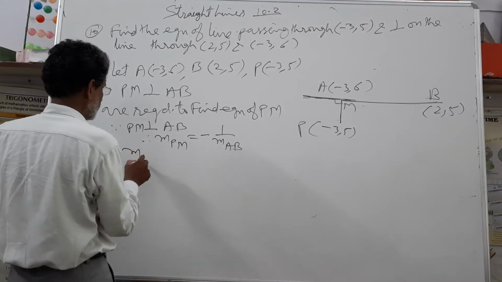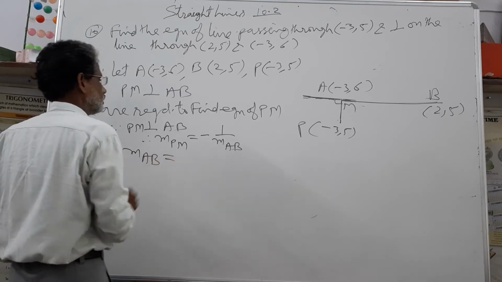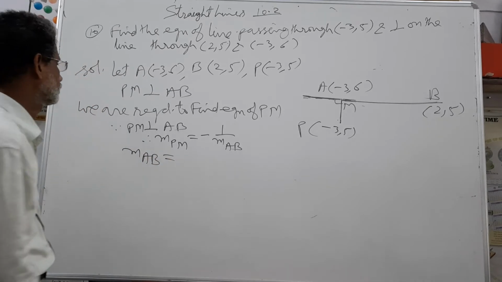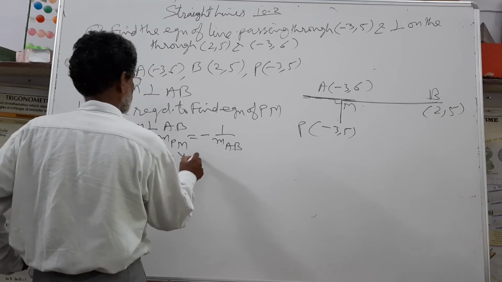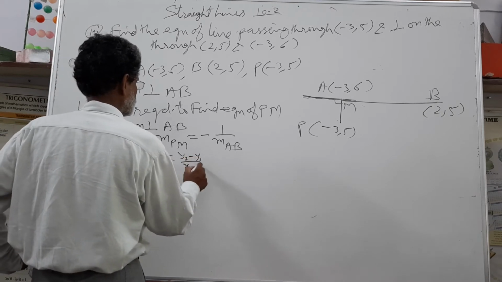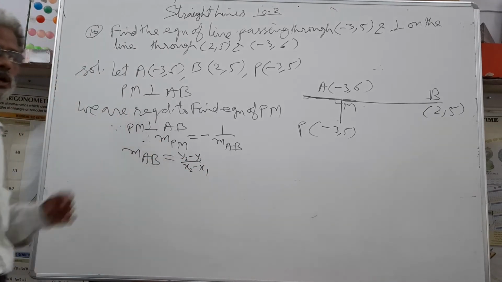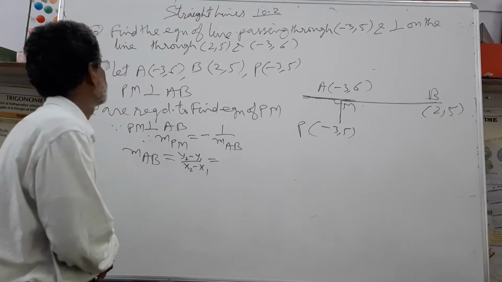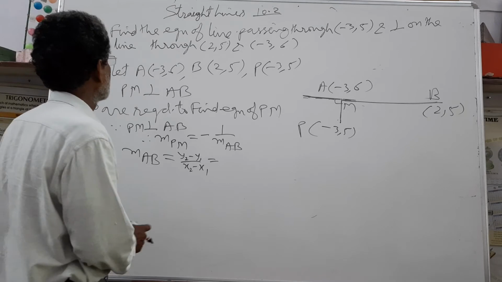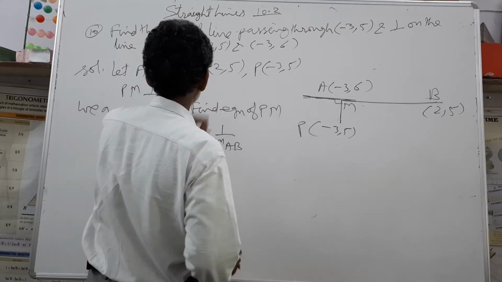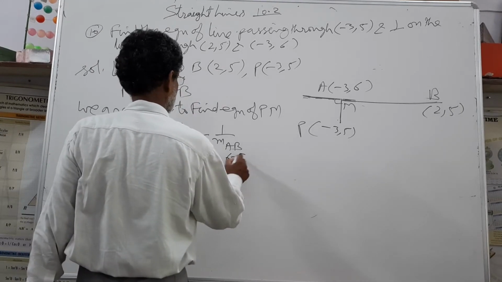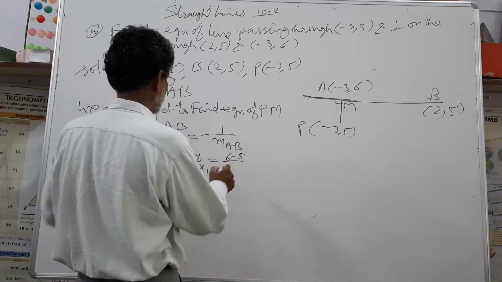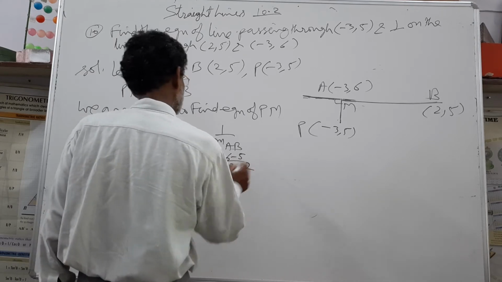Now slope of AB is equal to y2 minus y1 upon x2 minus x1. Two passing points are given. Is equal to 6 minus 5 upon minus 3 minus 2.